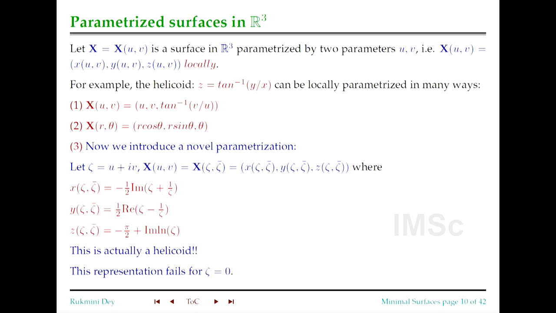If you solve this, you will get exactly this equation, z is equal to tan inverse y by x. So why am I talking about this kind of parameterization? The parameterization fails for zeta equal to 0, as you can see.